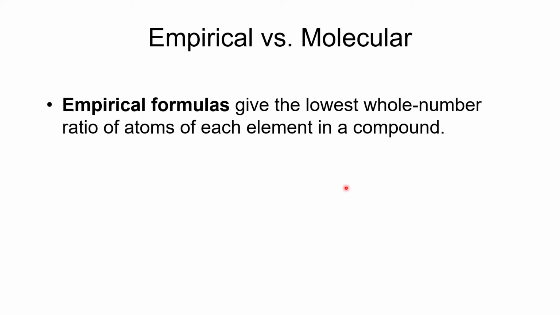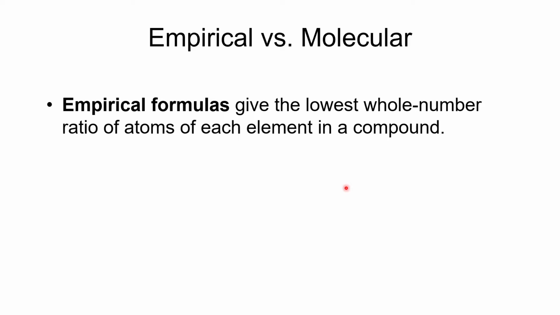Now, we want to look at something that we call the empirical formula and contrast that with the molecular formula. The empirical formula simply gives you the lowest whole number ratio of the atoms in a compound. It can be an ionic compound, it can be a molecular compound, but the empirical formula is the lowest whole number ratio.